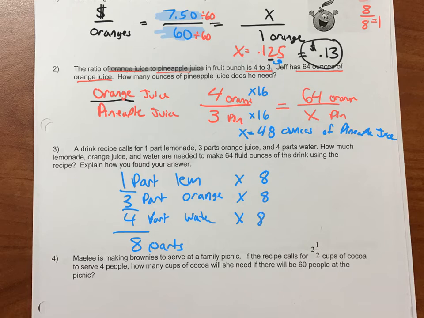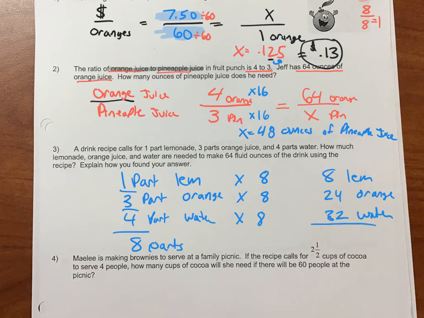All right, so 8 lemonade. And we have 24. 3 times 8 is 24 orange juice. And then we have 8 times 4 is 32 water.